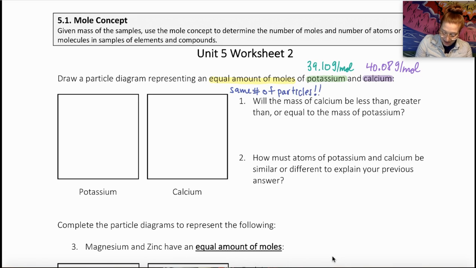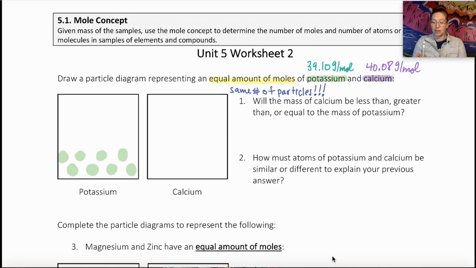Now, it does not matter one bit how many particles you choose to draw. You just have to make sure that your 2 pictures, one for potassium, one for calcium, have the same number of particles. I'm going to choose to use 8 particles here. I'm going to start with potassium and put those in my container.